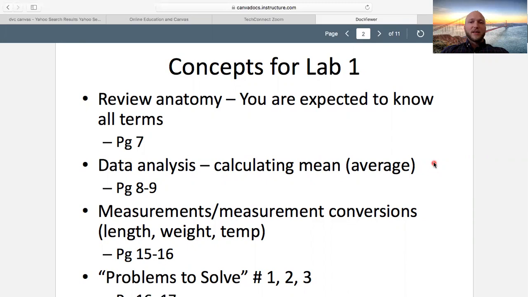Lab 1 is designed to be reviewed. It's designed to let you know what stuff you should still remember from past classes and to give you a chance to brush up on what you need to brush up on to be ready for the rest of the semester. So, first thing you need to be ready for.